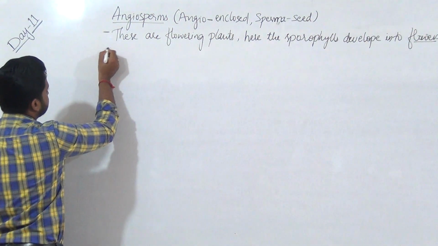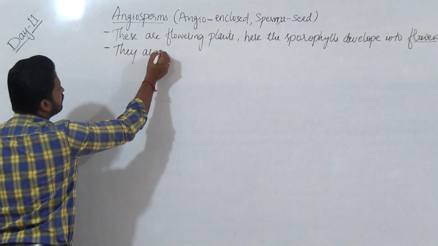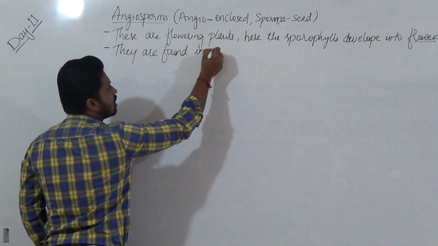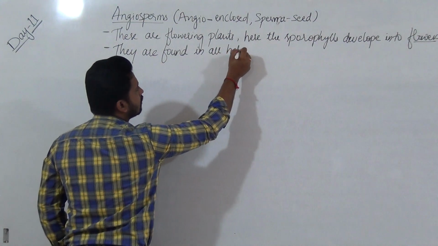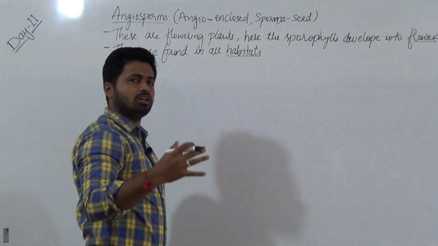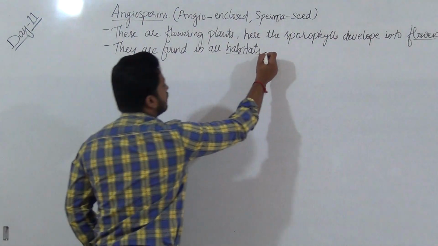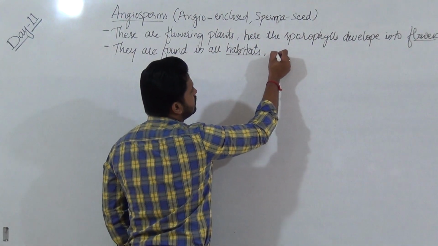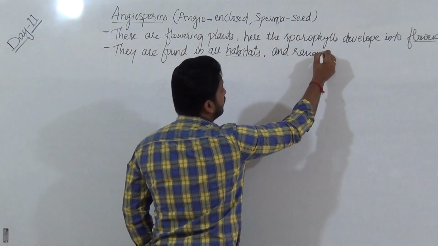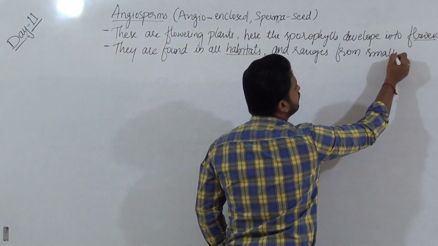And after this, they are found in most, that is all habitats, like ground, water, okay. All habitats, and they range in size from the smallest plant.